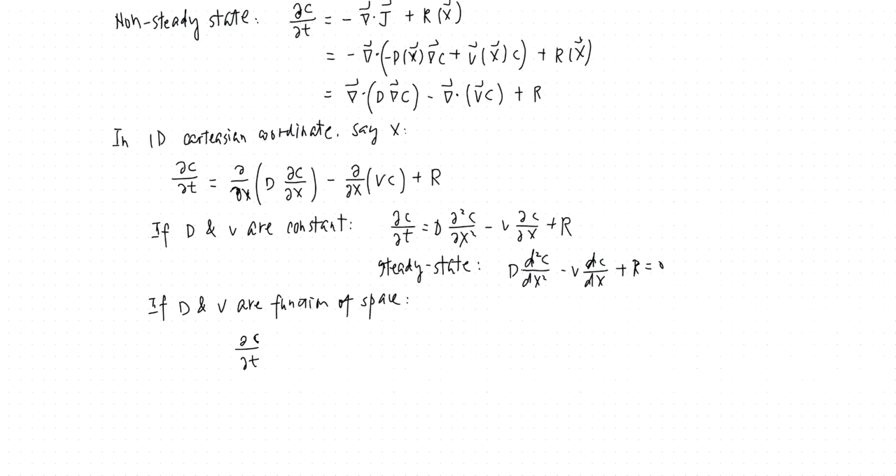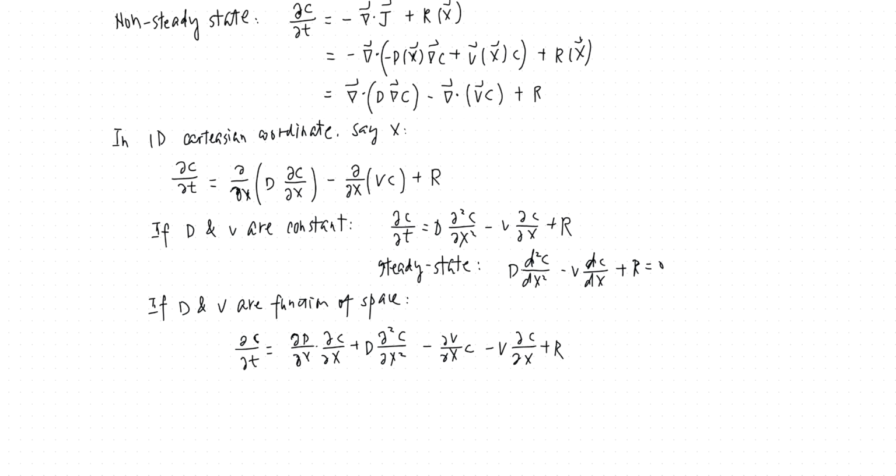So for the derivative, first you have partial D, partial x, times partial C, partial x, plus D, partial squared C, partial x squared. Then for the velocity, partial V, partial x times C, minus V, partial C, partial x, plus R. This uses the chain rule.